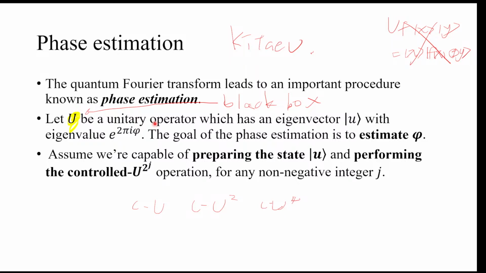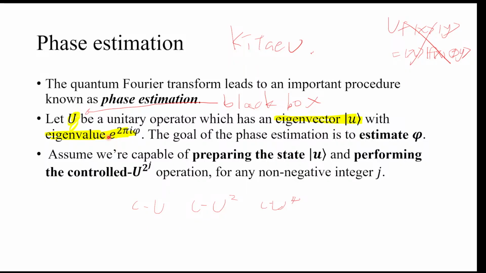To help you point to which eigenvalue you want, we give you the associated eigenvector. So we are given a unitary as a black box, we have one copy of this eigenvector given with it, and we ask you to find the eigenvalue.